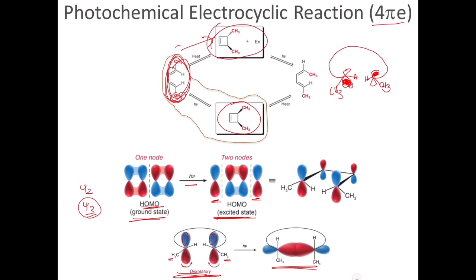So if you want the reds to meet, we have to rotate this one 90 degrees counterclockwise. This one we rotate it also counterclockwise 90 degrees because we want the reds to meet. So counterclockwise 90 degrees.